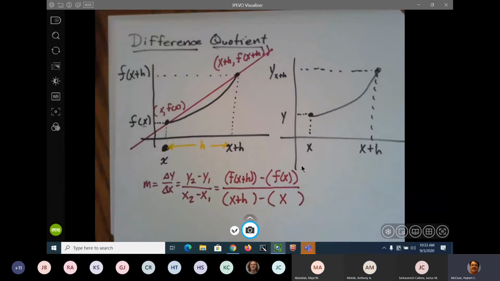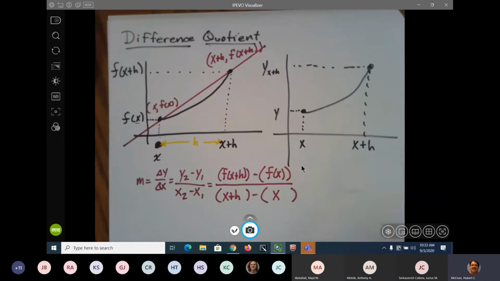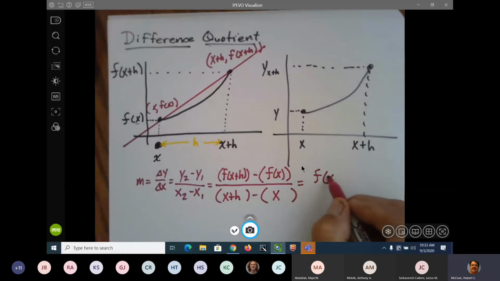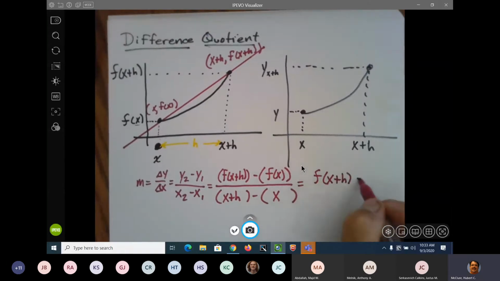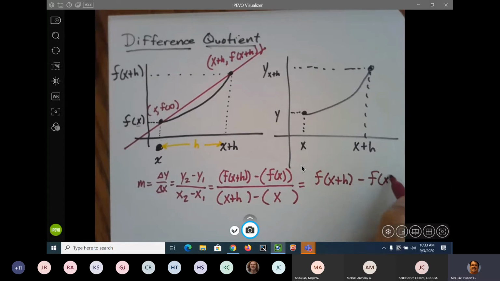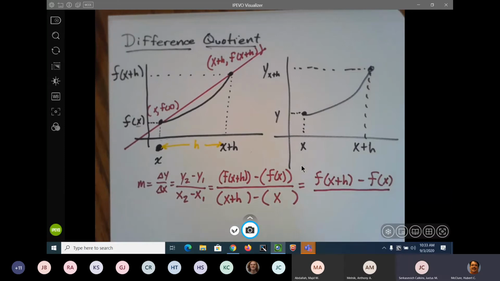Now simplify. F of x plus h minus f of x over, what happens to the x's? What's x minus x? They cancel out.